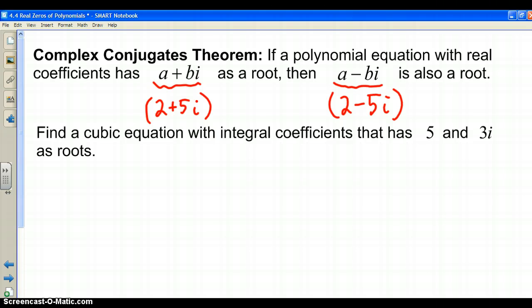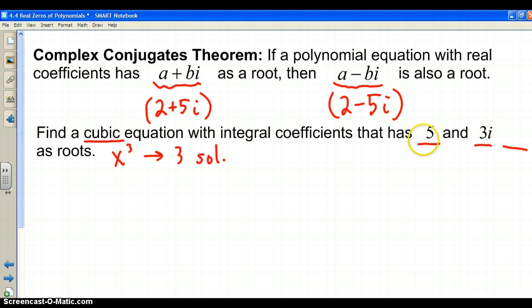And so if you have a cubic equation, when you read that, I hope you think x to the third power, which means, what we just learned, there are 3 solutions of some kind for this particular equation. So we know 2 of the solutions, where one of them is 5, one of them is 3i. I think we know the third one.